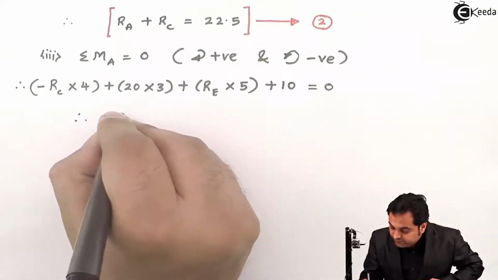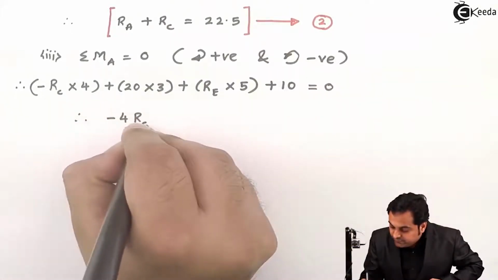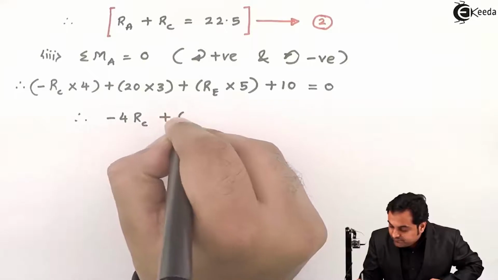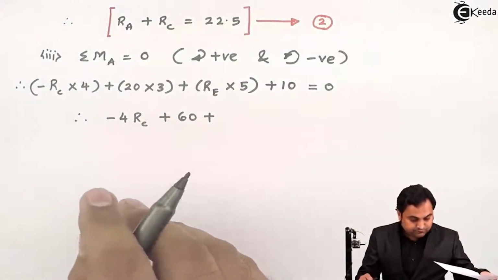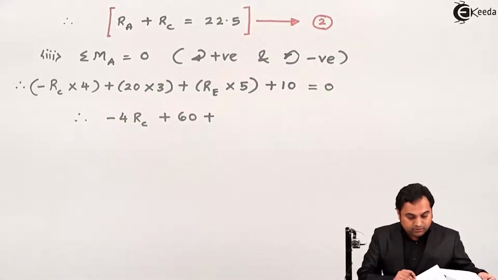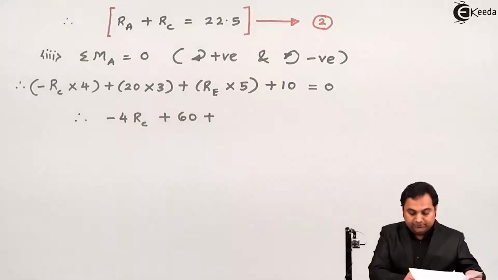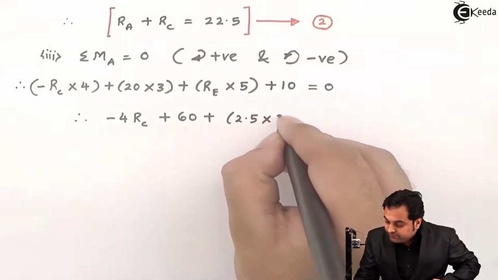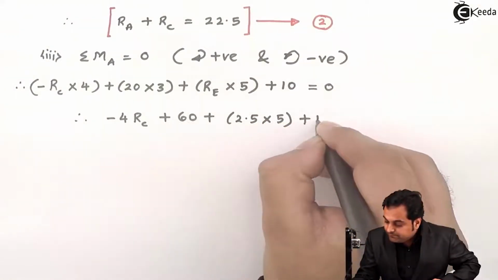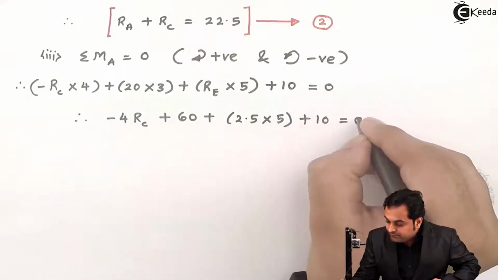Therefore minus 4 Rc plus 60 plus Re value, which is 2.5, into 5 plus 10 is equal to 0.